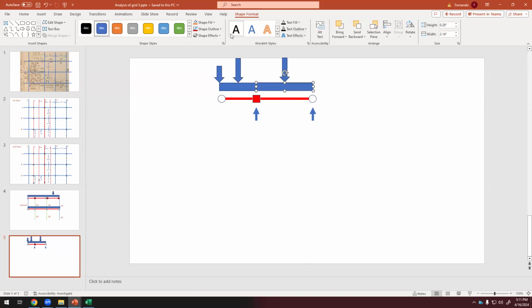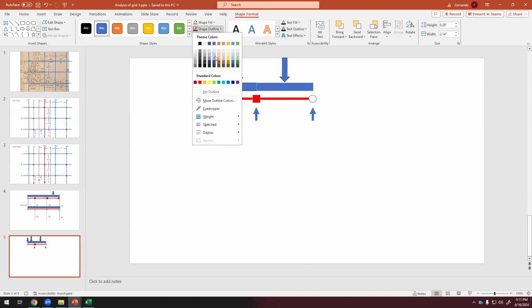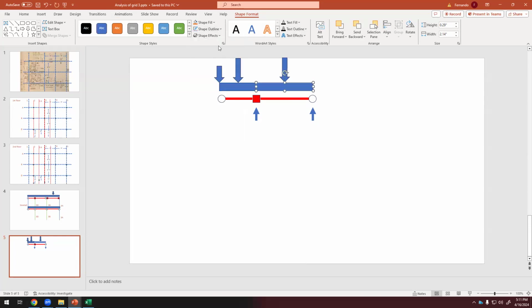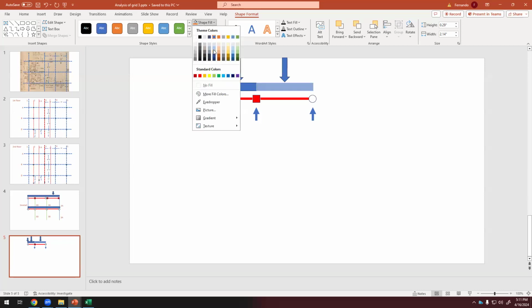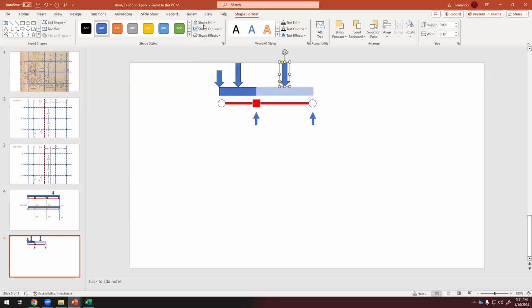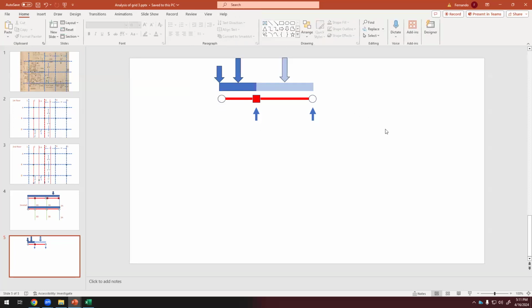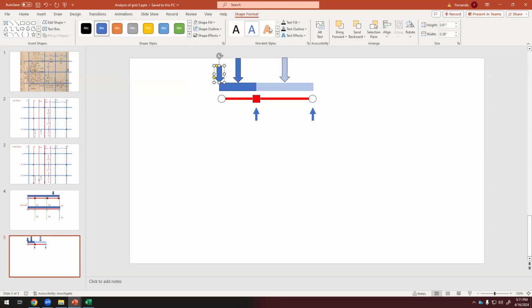And to make it clearer, this is the load.